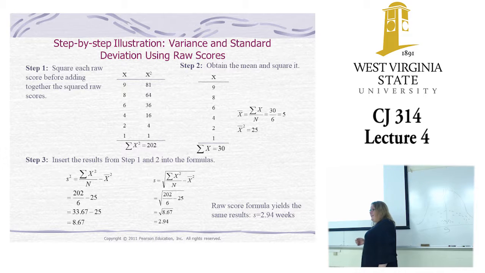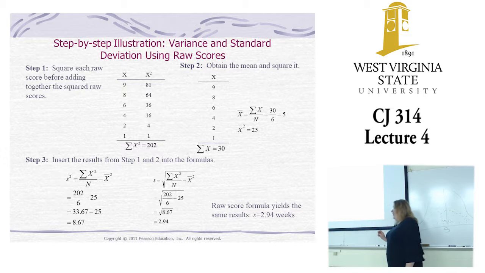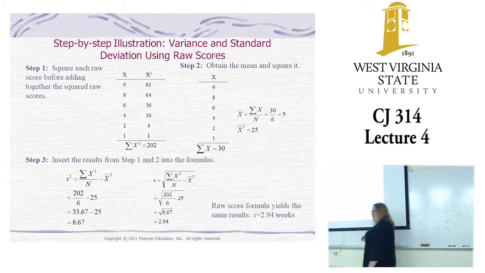Divided by our n of 6 gives us 5. Now the x bar squared means mean squared. So take that 5 and square it, which is 25. Congratulations, you now have every number you need.